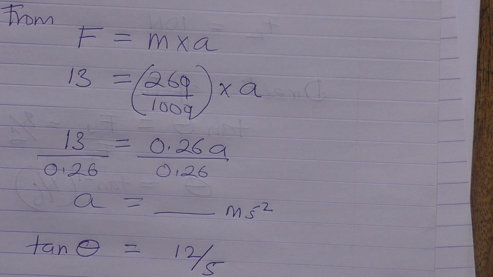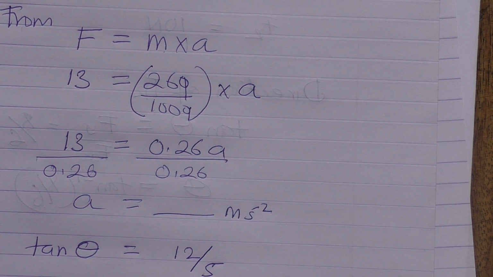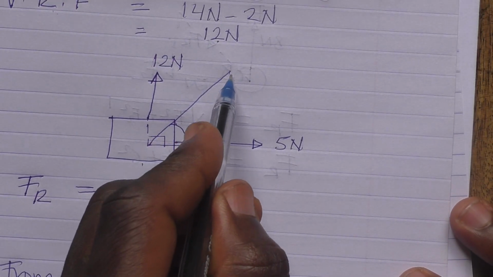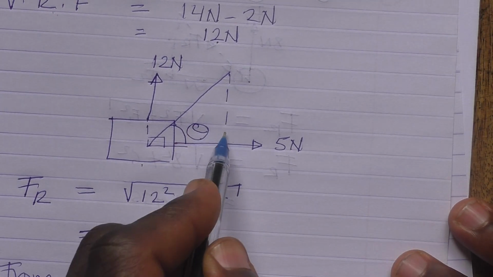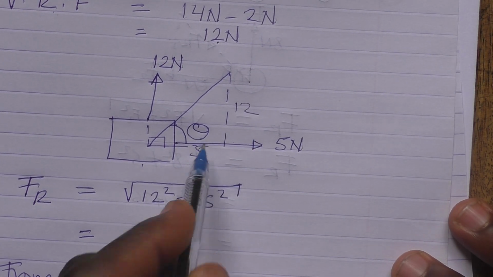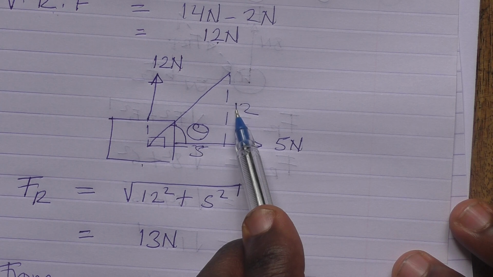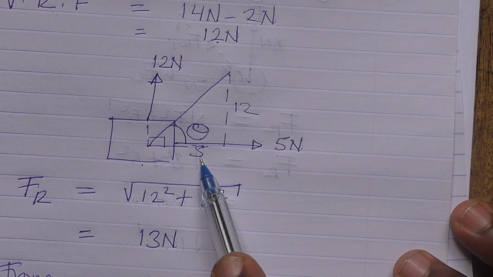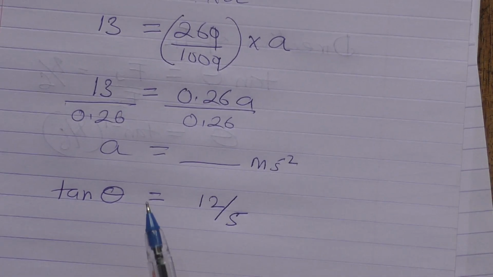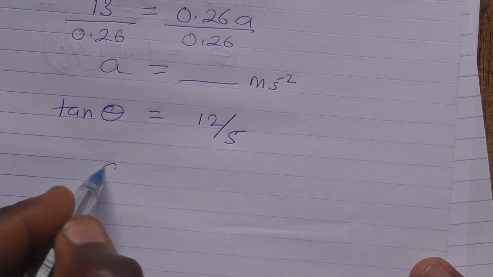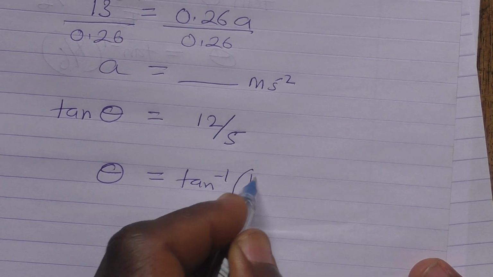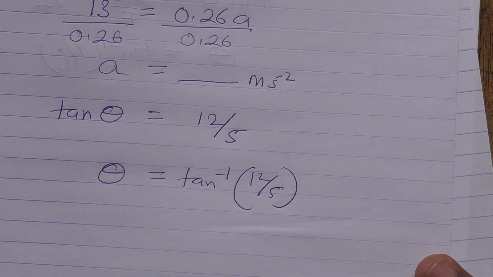Remember, tan is opposite over adjacent. And when we come back to our diagram, the vertical is 12, the horizontal is 5. So it is opposite over adjacent. That's why we have 12 over 5. And therefore, our angle will be the arctan of 12 over 5.